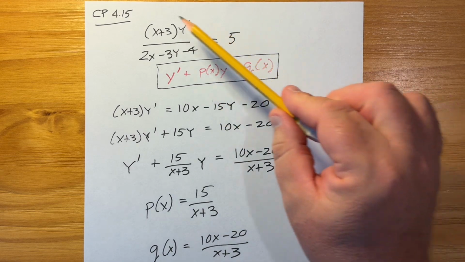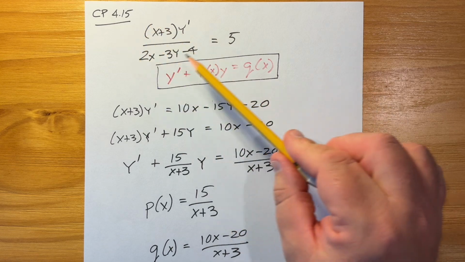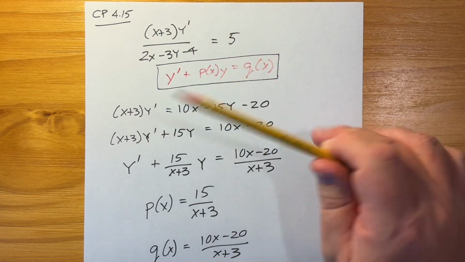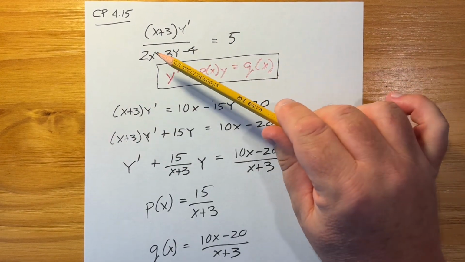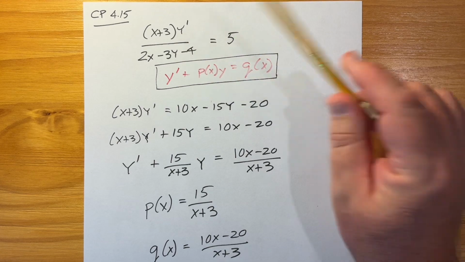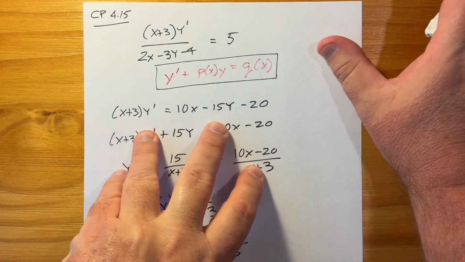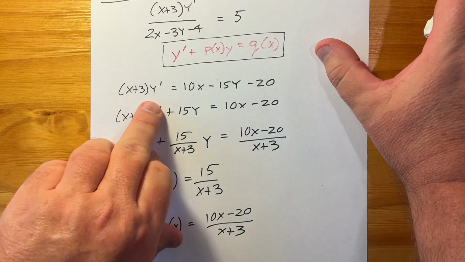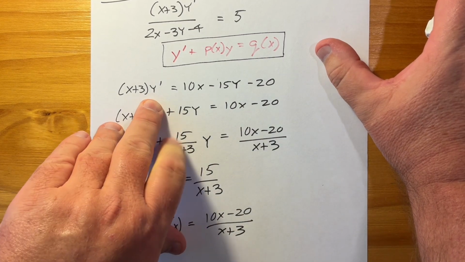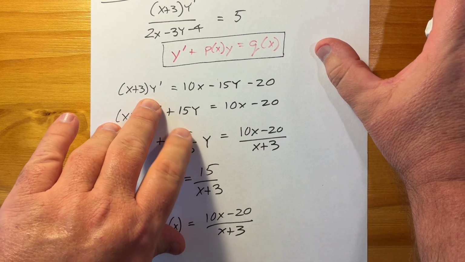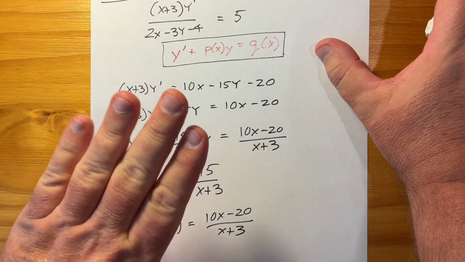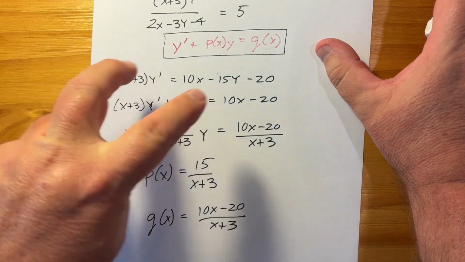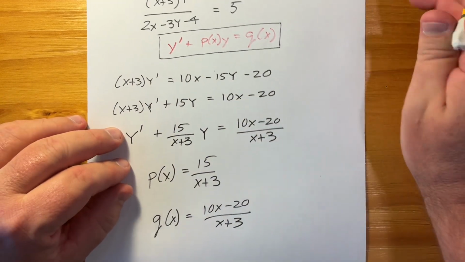So here's our original equation that they gave us in the problem. First of all, we do not want to deal with this fraction, so I'm going to multiply both sides by this whole denominator, and I get this. And from here, some friends might want to try and distribute this, but remember, the goal is to get this y prime alone, so we don't want to be making more of them by distributing this.